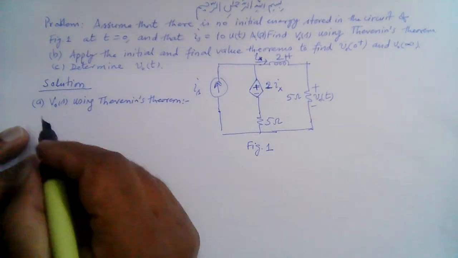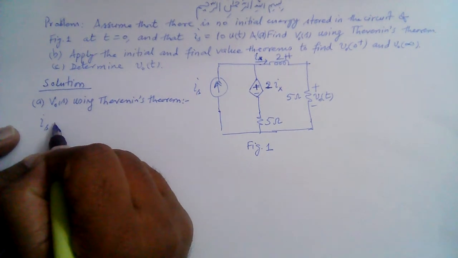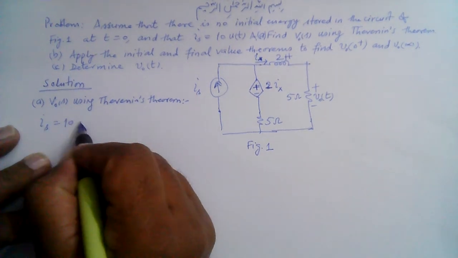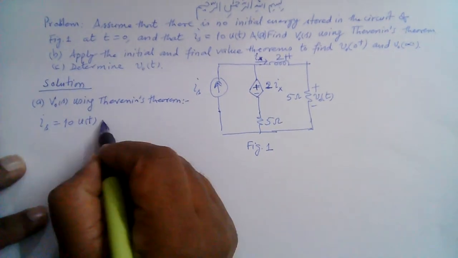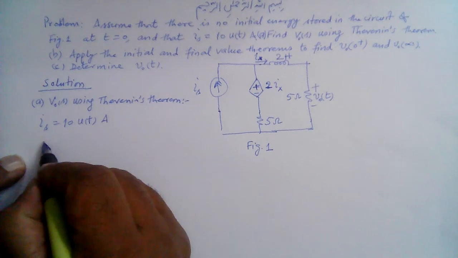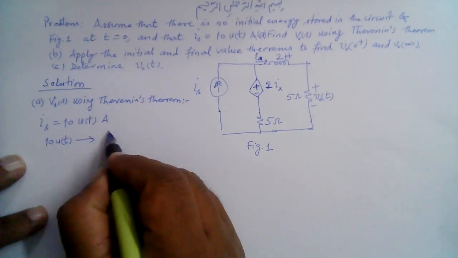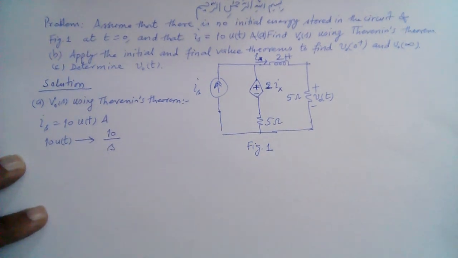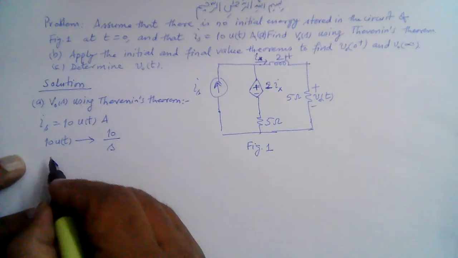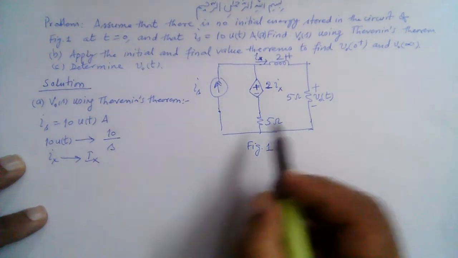So the significant thing here is Is, which is 10 u of t. The Laplace transform of 10 u of t in the S domain is 10 over S, and this Ix will become Ix of S. We represent this with a capital letter.